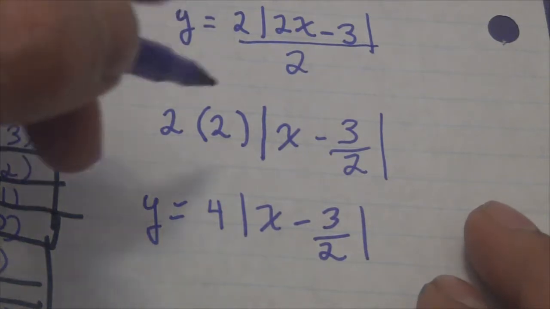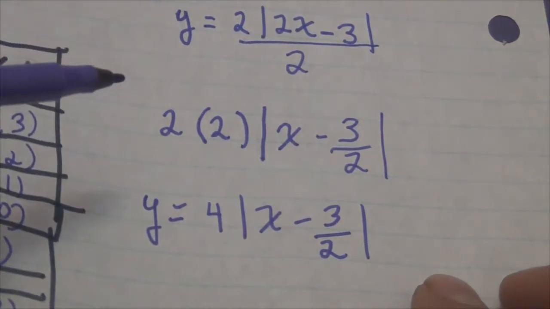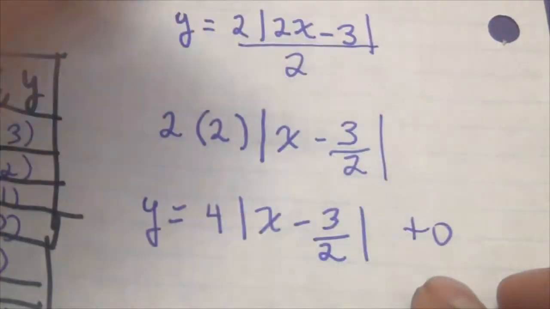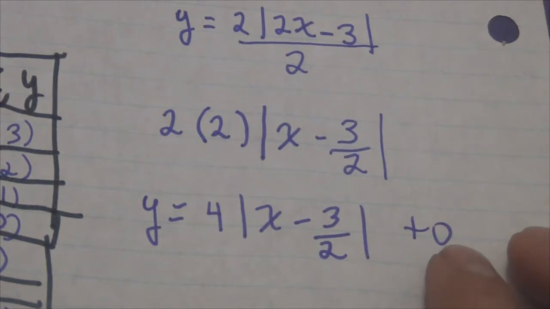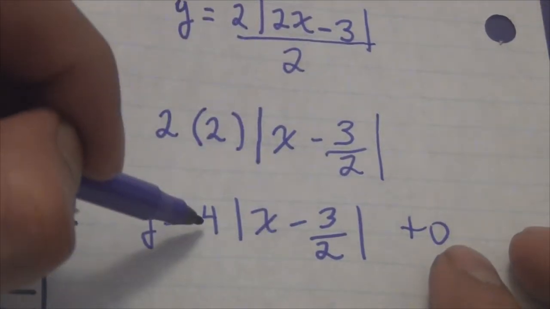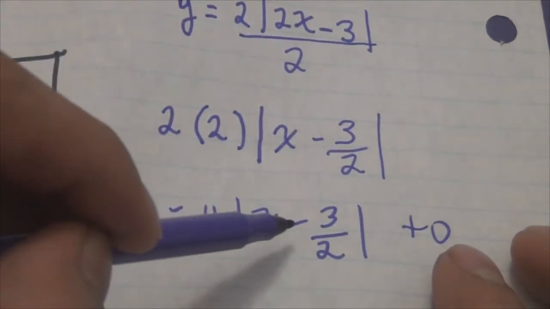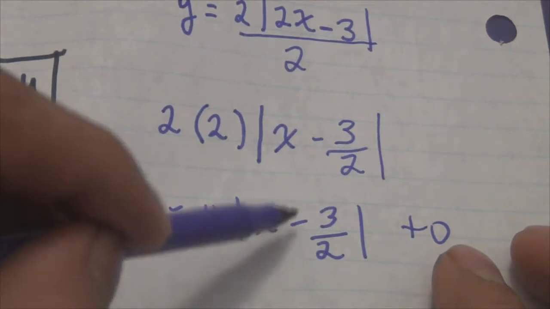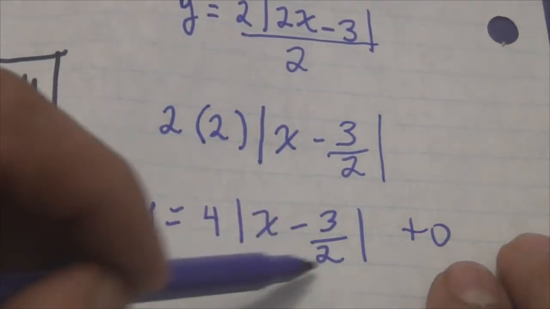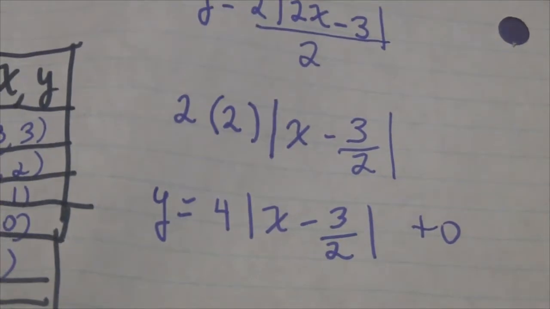So now what do I know? First of all, the value of k is 0. We don't have something outside. So it's going to be skinny. It's going to open upwards. It's going to move 1.5 units to the right because it's the opposite of 3 over 2. Remember? Okay then.